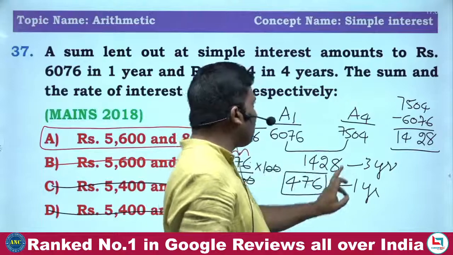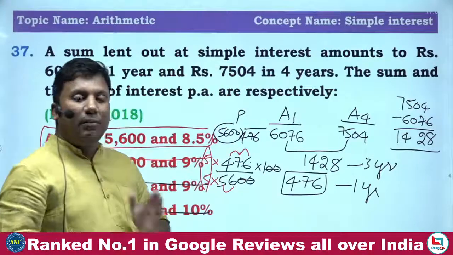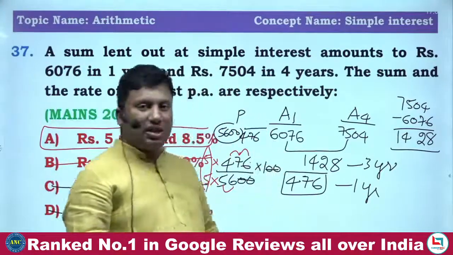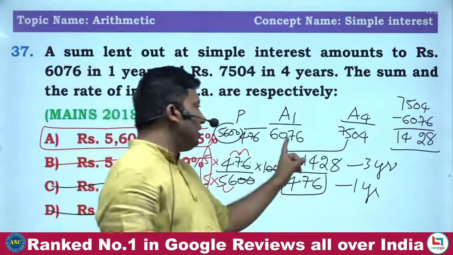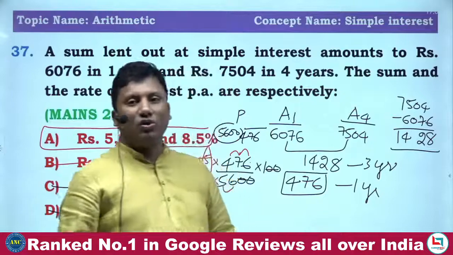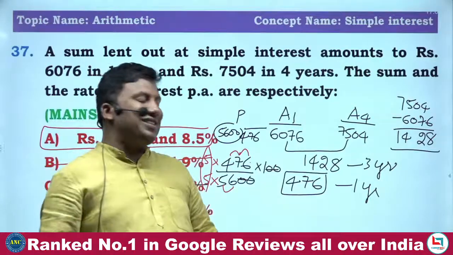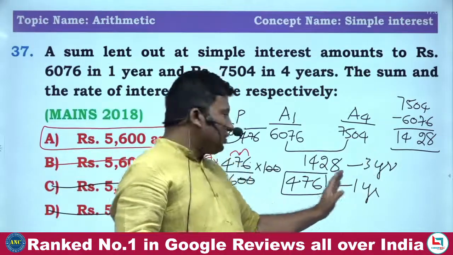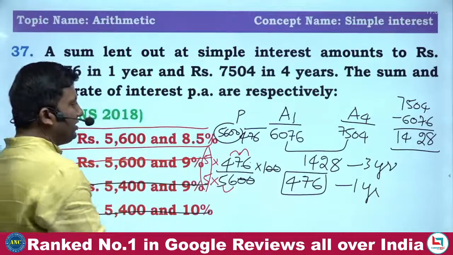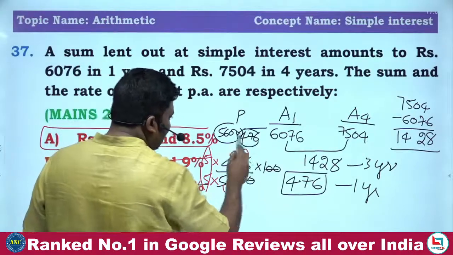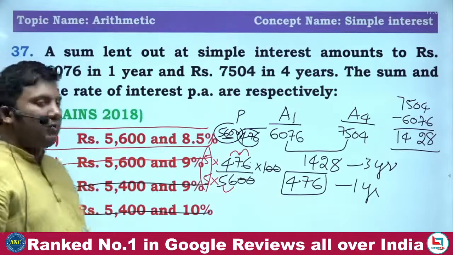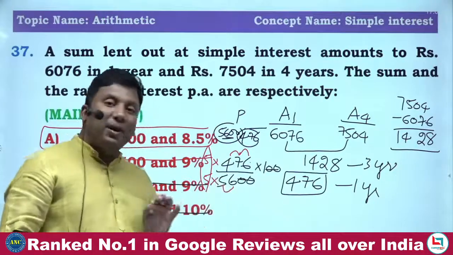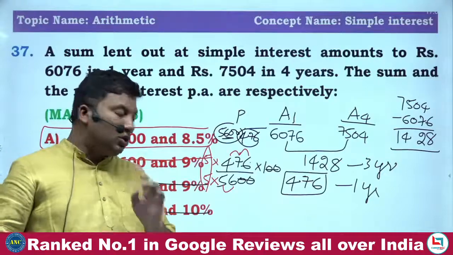Step by step, we will solve and we'll get the answer. Amount at the end of first year is 6076. Amount at the end of 4 years is 7560. Extra is 1428 for 3 years. So for 1 year, it is 476 extra. So this will be 5,600. 476 by 5,600. 5 plus 6 is 11, 1 plus 1, 2.